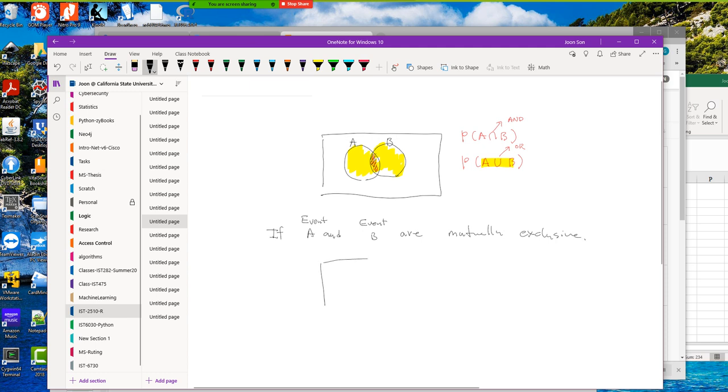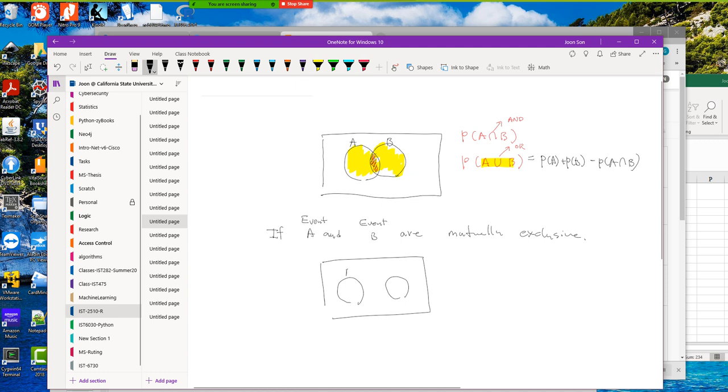Then your Venn diagram is going to look like this. By the way, this is P(A) plus P(B) minus P(A and B), right? And when the events A and B are mutually exclusive, there's nothing in common.